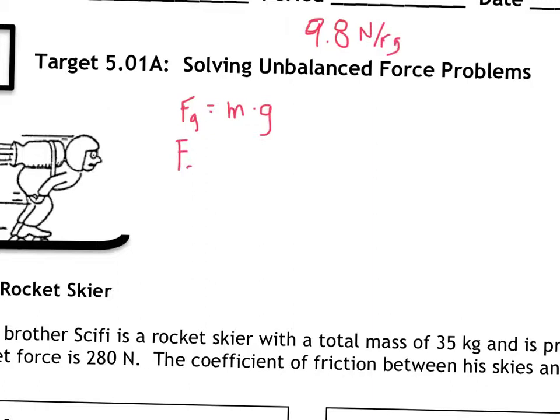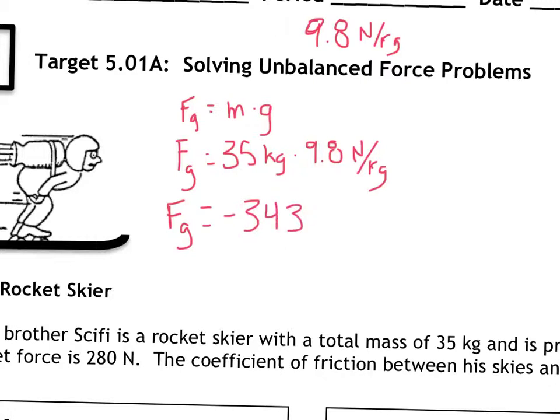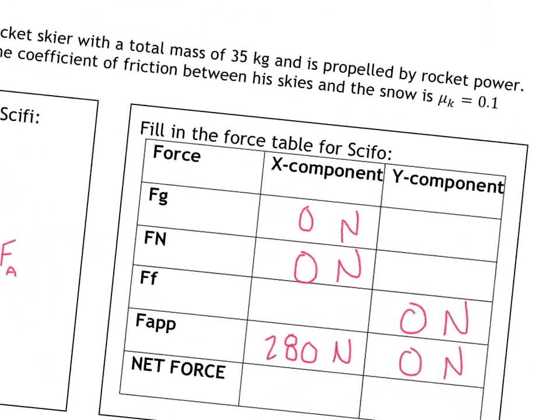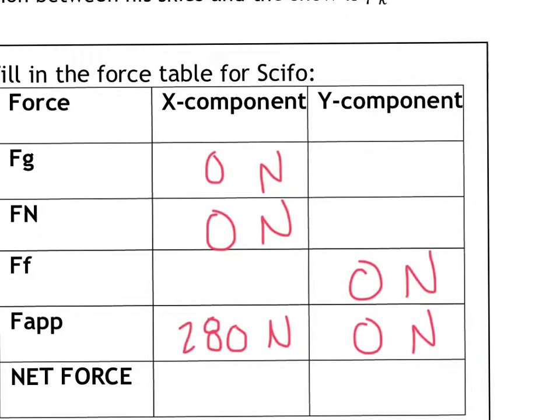So the force of gravity is equal to 35 kilograms times 9.8 newtons per kilogram, which gives us a force of gravity of negative 343 newtons. We know it's negative because the force of gravity acts in the downward direction, which is our negative direction. So we can fill in our force of gravity component, which is going to be negative 343 newtons.